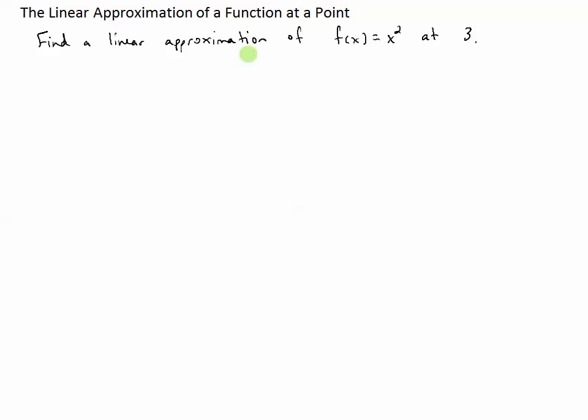So here I want to find a linear approximation of the function x squared at 3. So this is the same question as find the equation of the tangent line at x equals 3. And if x is 3 for this function, y is 9.